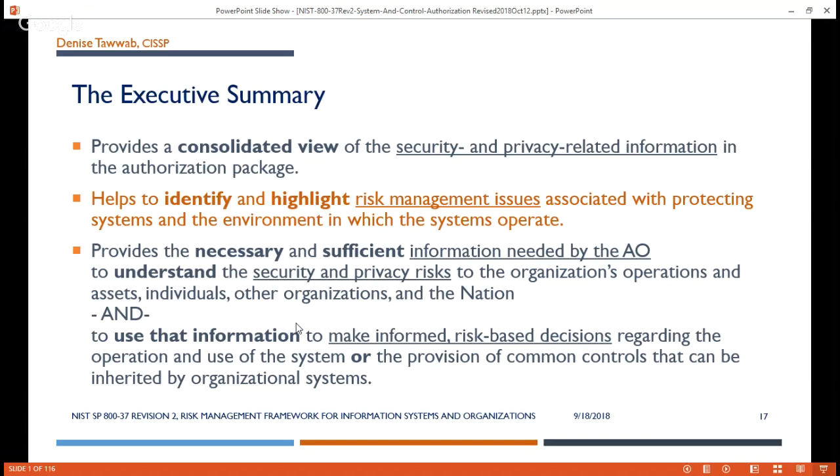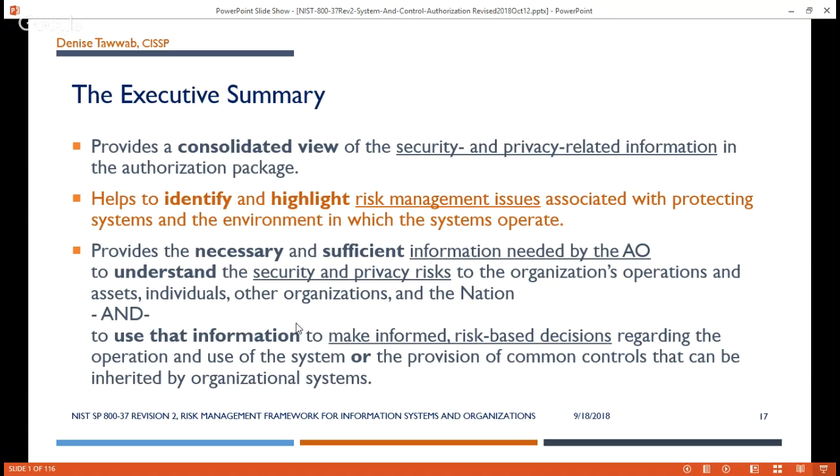First up, the executive summary. The executive summary gives you a consolidated view of the security and privacy related information in the authorization package. It helps to identify and highlight risk management issues that are associated with protecting the systems and the environment in which the systems operate.